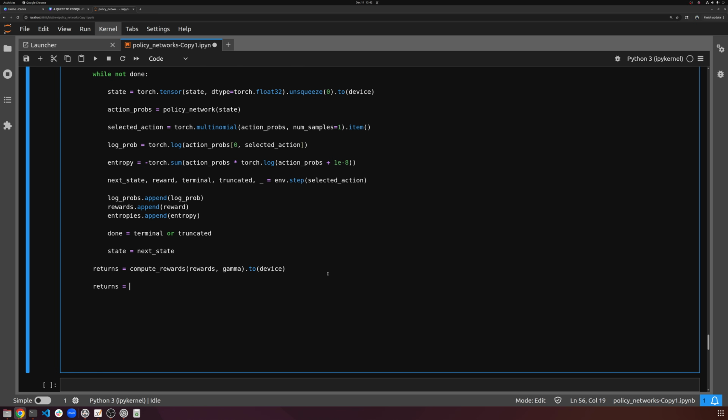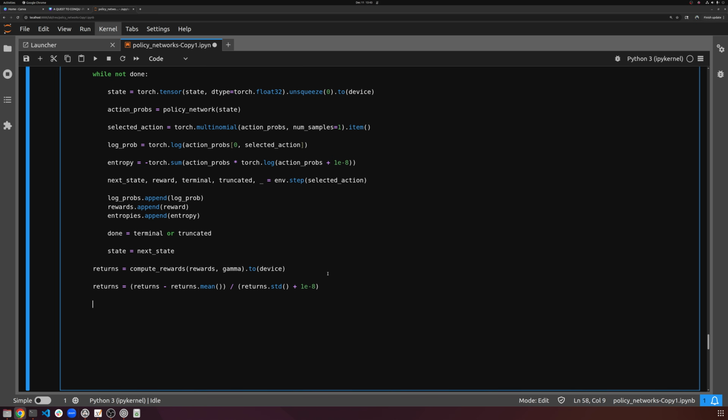So we're going to do returns minus returns.mean, divided by returns.std, plus 1e-8 so we don't divide by zero by accident. And there we go.